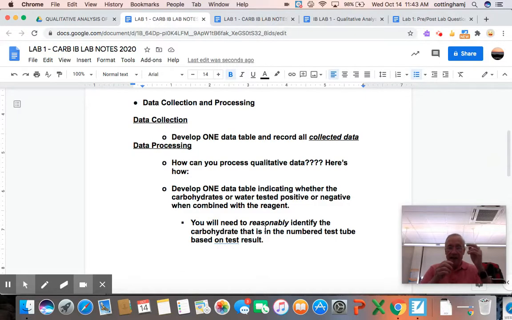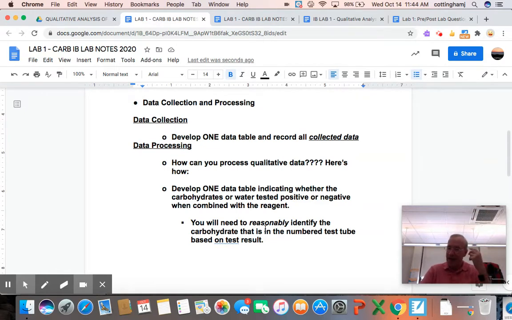All right, a data collection, which is simply the recorded data that you see in the lab. You need to record the data, just like you would if you're looking at a number and putting a number like 3.75 milliliters down. What is the recorded data for each one of the tests, for each one of the test tubes? The test, water, 1, 2, 3, 4, 5, 6, record the data.